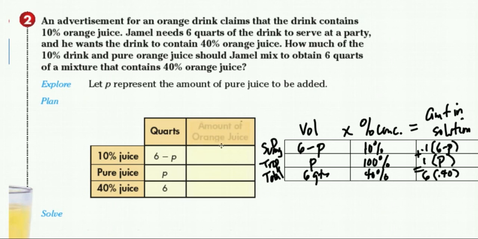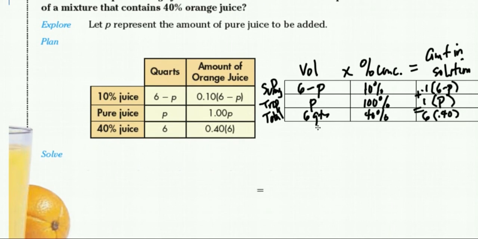Okay, percent concentration. Now this one is the one that we have here at the end, which is 0.1 times 6 minus P. And then we have 100% times P, which is simply 1 times P, equals 0.4 times 6. Okay, very much the same thing.